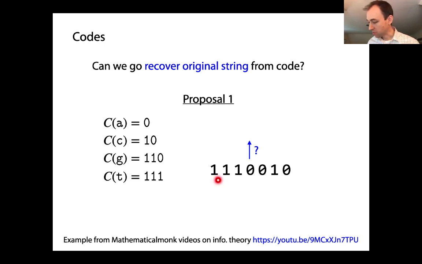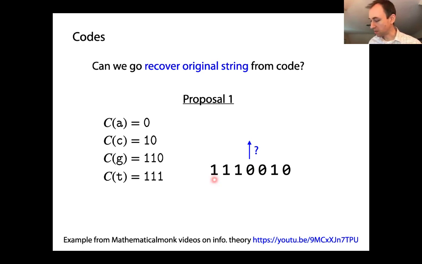All right, what's the next bit? It's 1. Okay. So let's see. None of my codes are 11, but 2 of them start with 11. So it's down to these two. It's either G or T. So I'll keep going. I go to the third bit, and it's 1. Okay, got it. Those first 3 bits must be the code for T. Note that there's no ambiguity here, right?